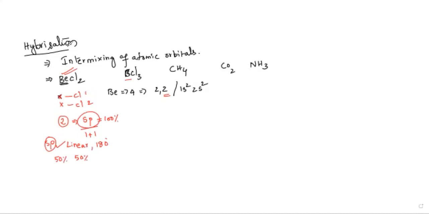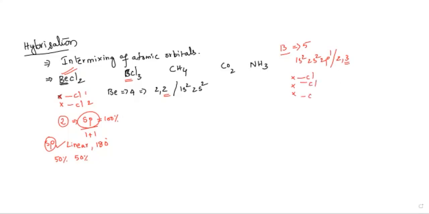And coming to the second one, that is BCl3. In this case, boron is the central atom. If you know the group number, directly we can write that many electrons as valence electrons of that element. If you don't know, just take atomic number, which is 5, electronic configuration 1s2, 2s2, and 2p1, which is also represented as 2, 3. In the last shell, we have 3 electrons. So we can write 3 electrons like this, and the surrounding 3 chlorines are connecting like this.